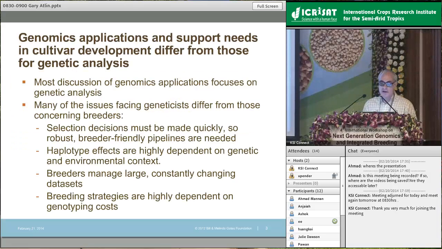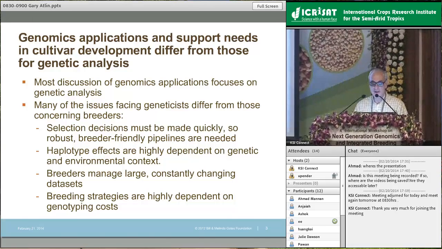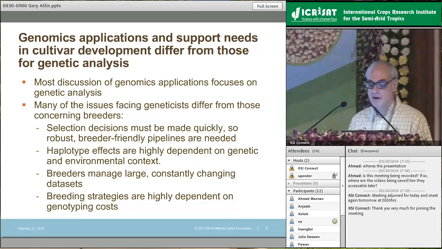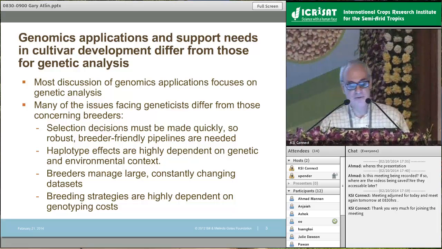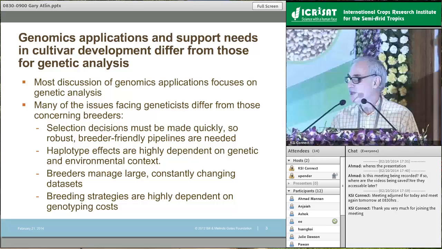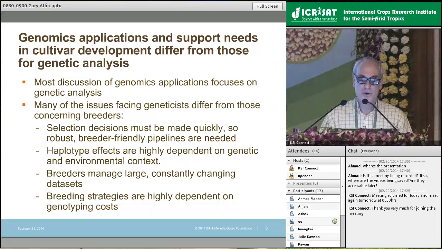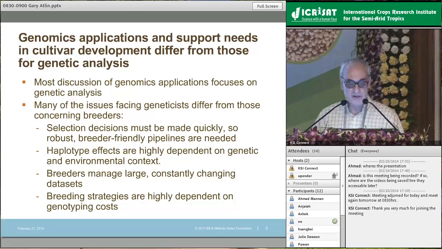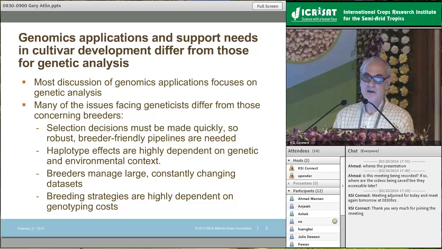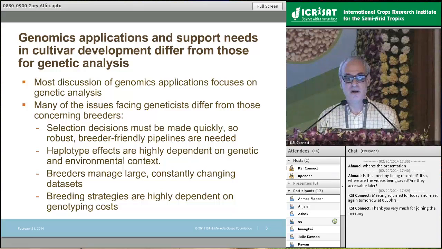Genomics applications for cultivar development and the needs of plant breeders are somewhat different from those required for genetic analysis. And most of the discussion on genomics applications tends to focus on genetic analysis. But a lot of the issues that breeders face are somewhat different from those faced by people who are essentially doing gene discovery work.